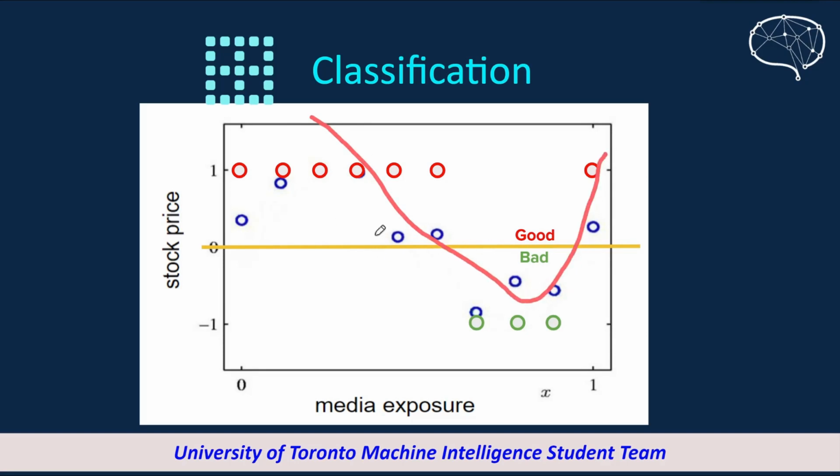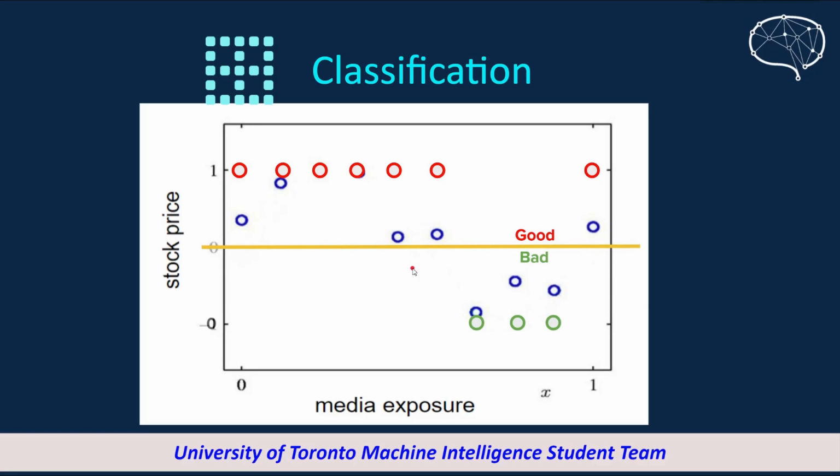So every point on this fitted function above 0, we can say it is good, and every point below 0, we can say it's bad. This way, we transferred the regression problem to a classification problem, and it helps us solve problems when labels are actually in discrete classes.